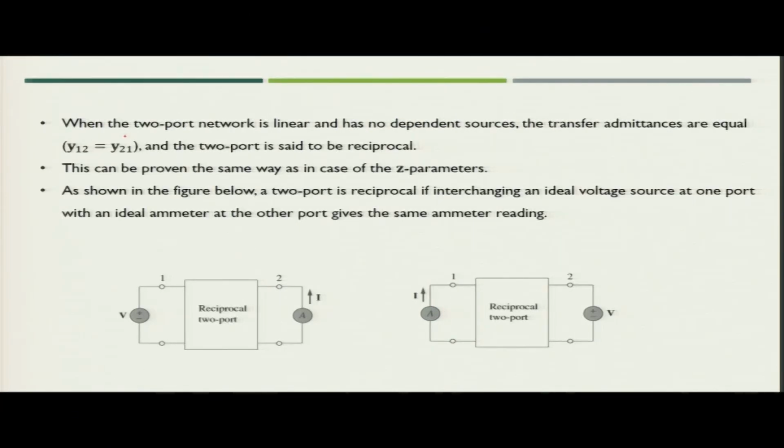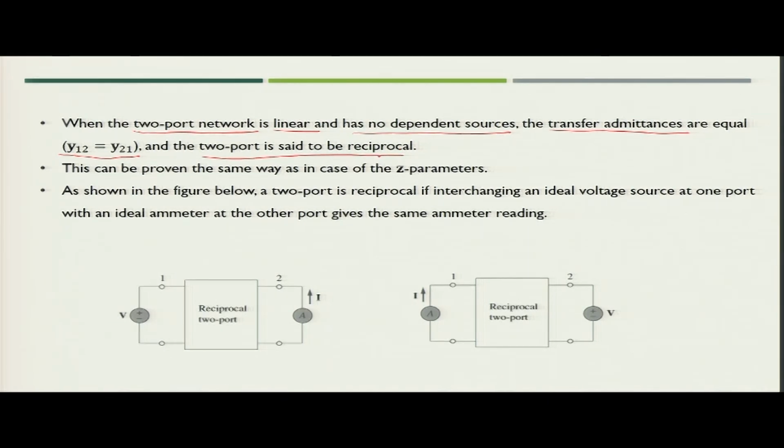Now, when the two port network is linear and it has no dependent sources, the transfer admittance Y12 will be equal to Y21, and if this condition holds, you will say that the two port is reciprocal.